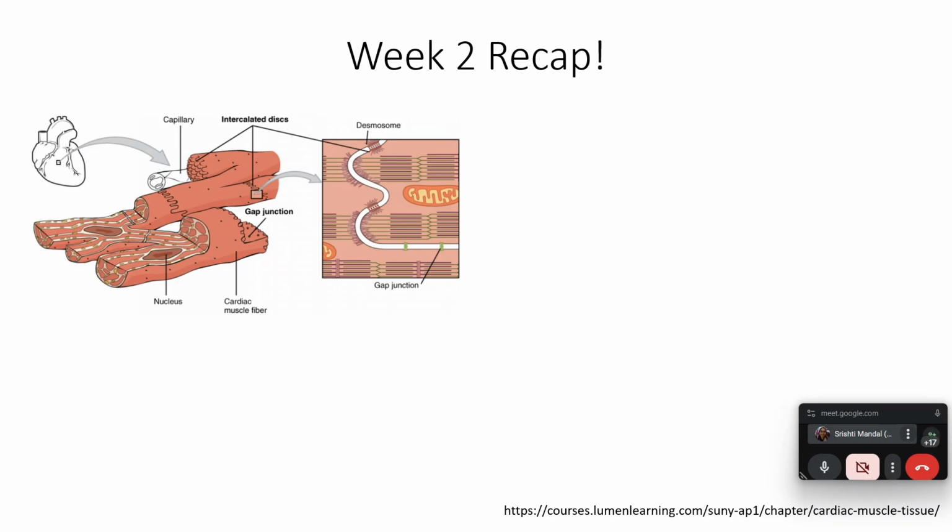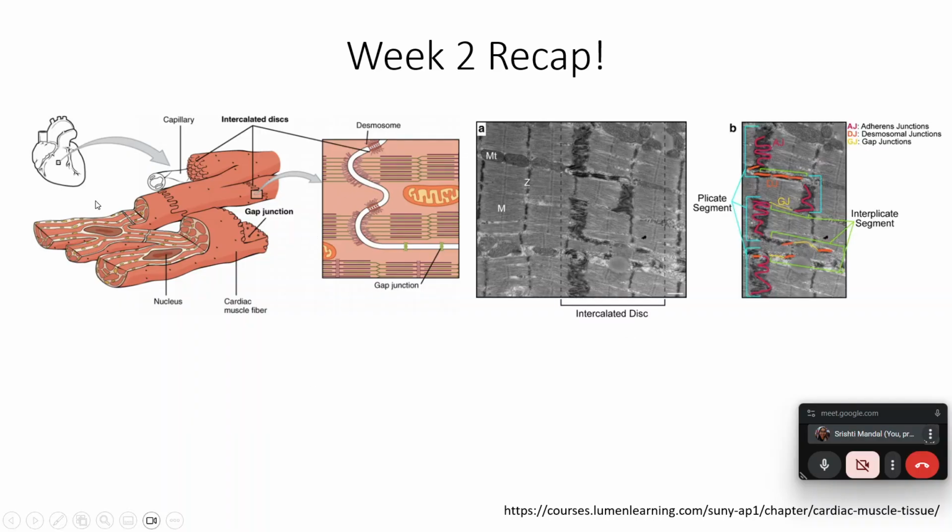So, in week 2, what did we see? We looked at the cardiac tissue structure, and how cardiac muscle and tissue architecture are slightly different from skeletal muscles, which are long and multinucleated.